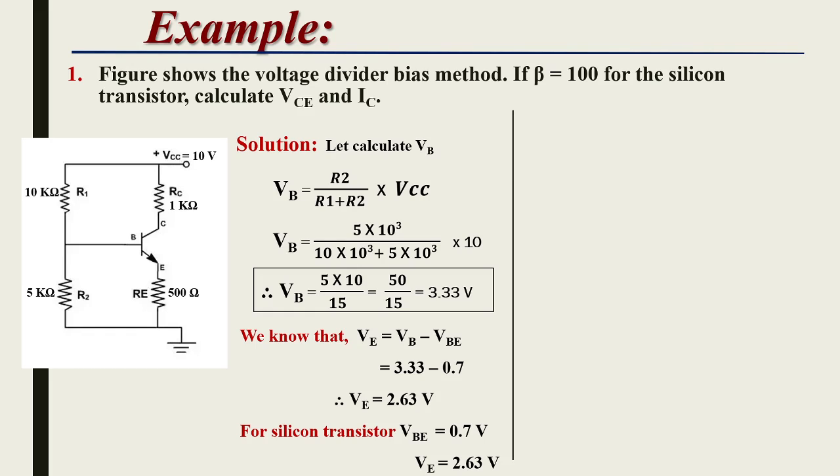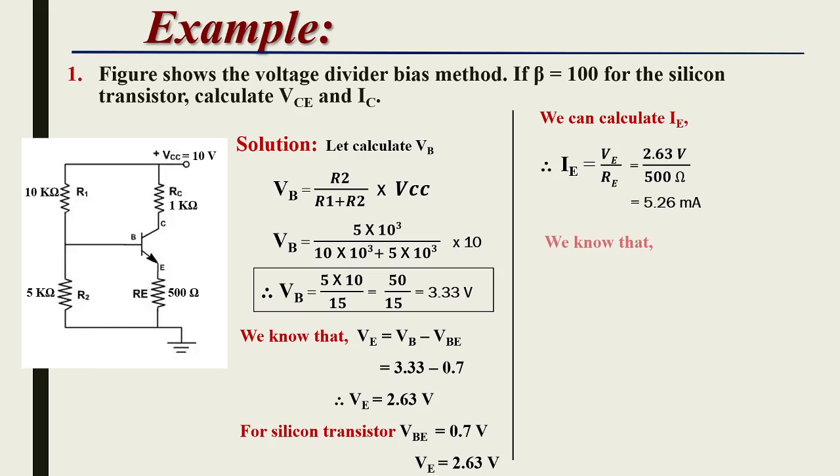Now we have to calculate IE, the current flowing through the resistor RE. We can calculate IE equal to VE upon RE. Here VE is 2.63 volt and RE is 500 ohm. So we get IE equal to 5.26 milliampere.